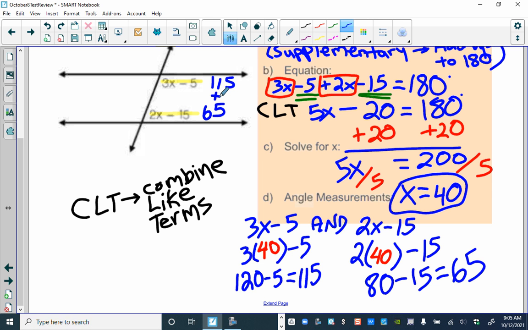Now, if we add up 115 and 65, what should we get? 180. That's the way to check. All right, questions on that problem?